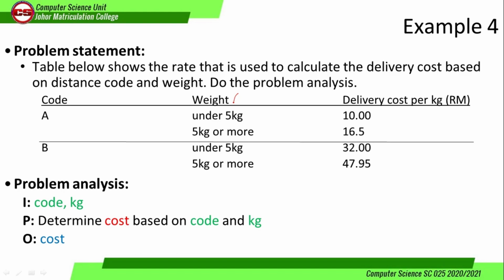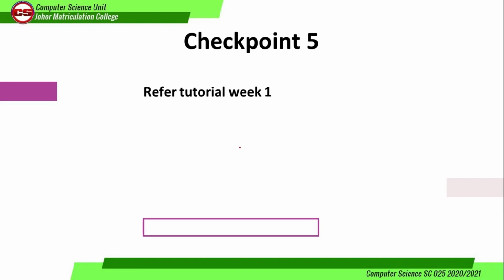Weight here, maybe you can write just kg. So code and kg. Process: determine delivery cost, or you can write just cost, based on code and kg. So output is cost. That's all. Thank you.